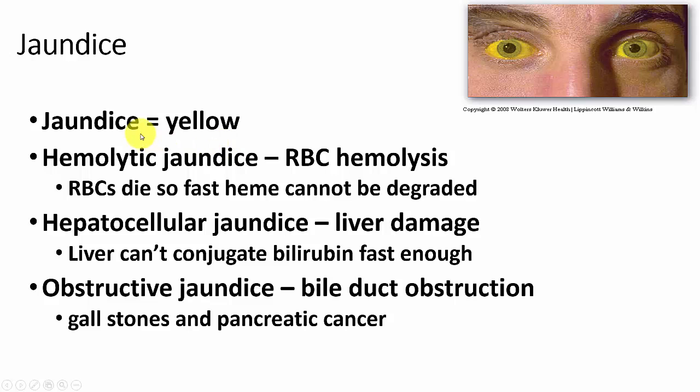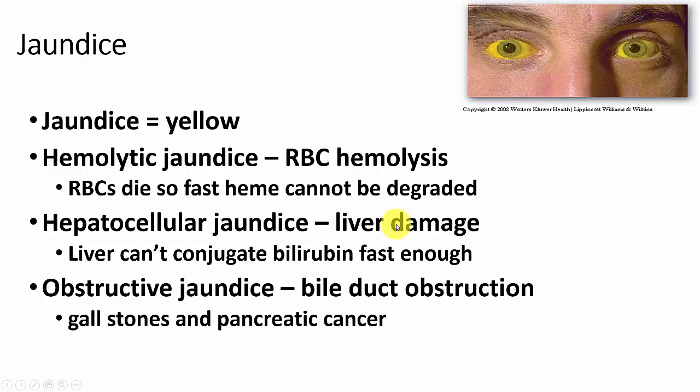Jaundice. When jaundice occurs, we have yellow eyes and yellow under our tongue and various other places. When it's really severe, you'll have yellow skin. There are three different forms of jaundice. There's hemolytic jaundice, where red blood cells are dying faster than heme can be degraded.